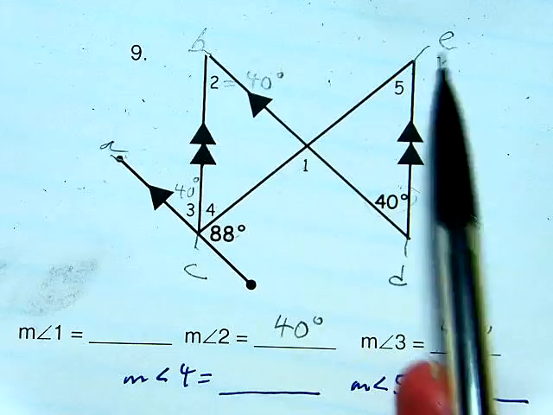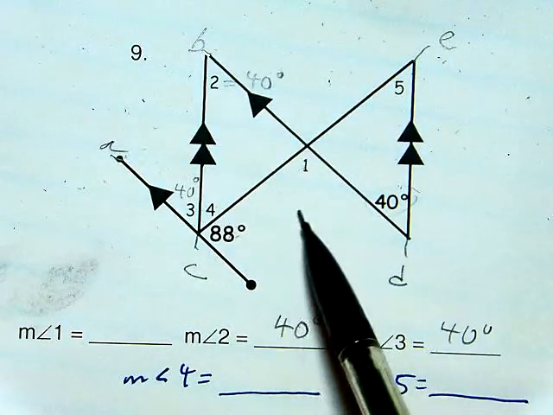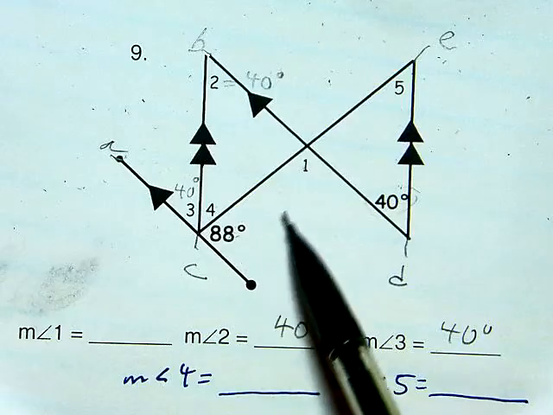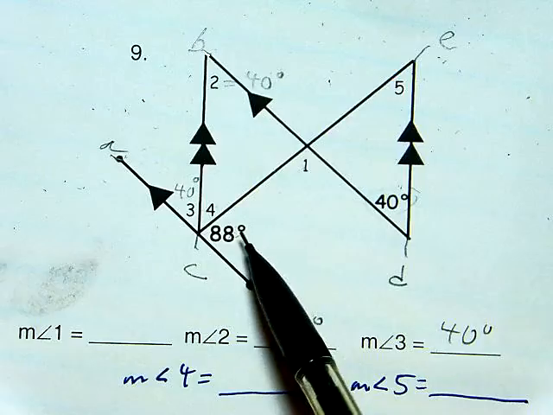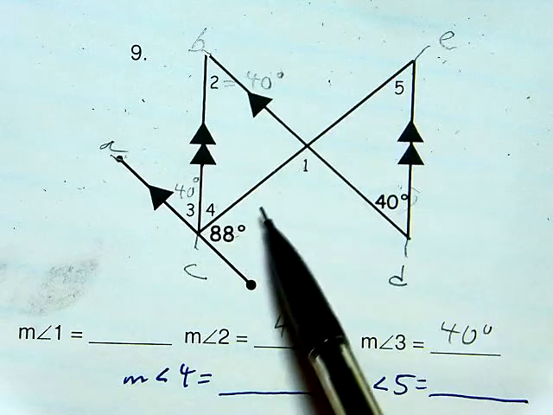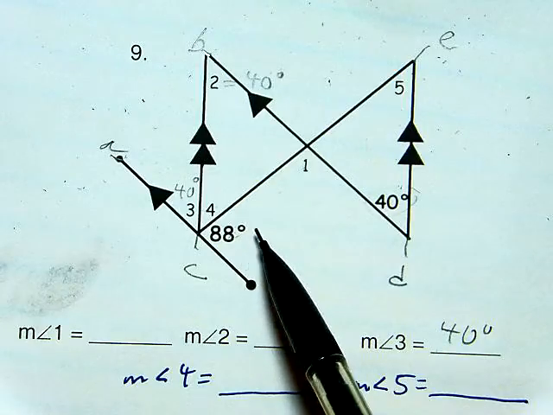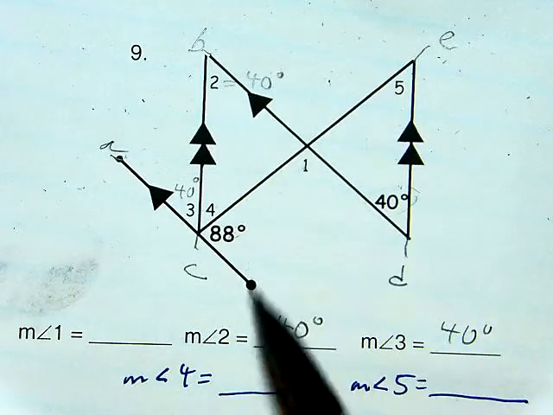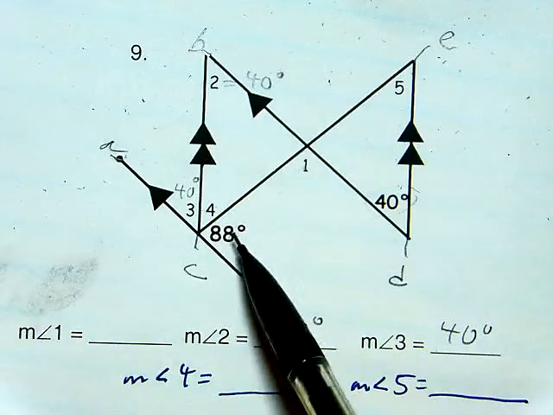And in addition, are they interior or exterior angles? Are they between parallel line C and D or outside parallel line C and D? They're between them. So they are same side interior angles. They are on the same side of the transversal, and they are in the interior.